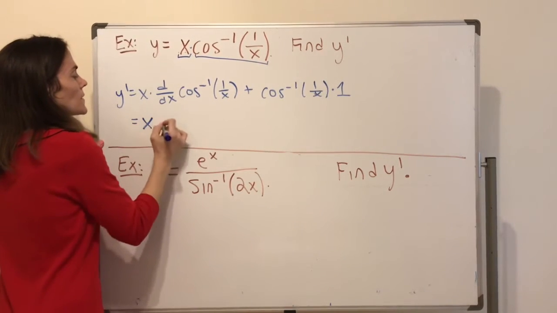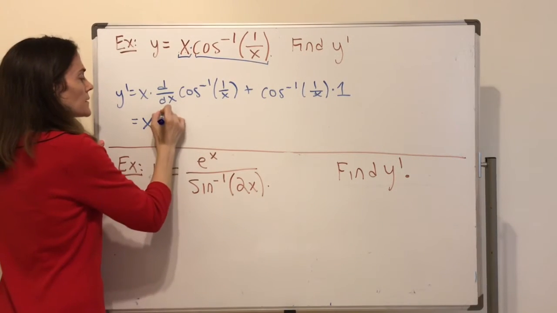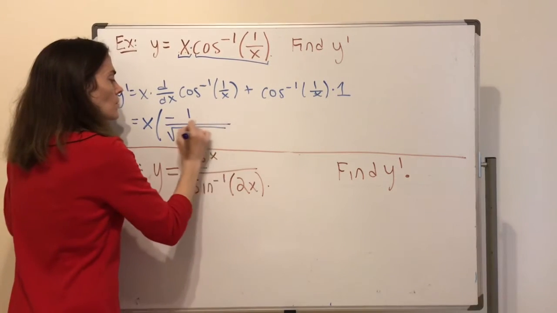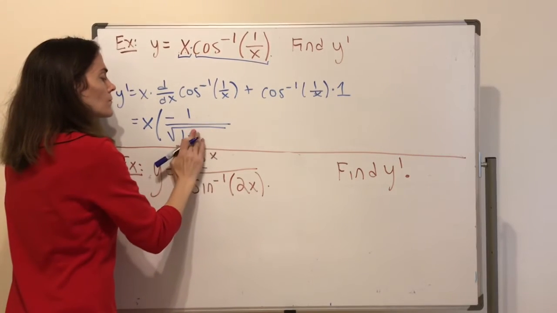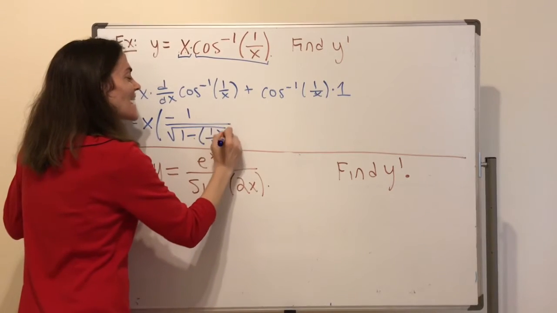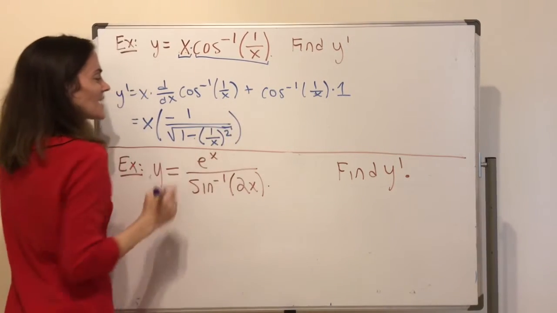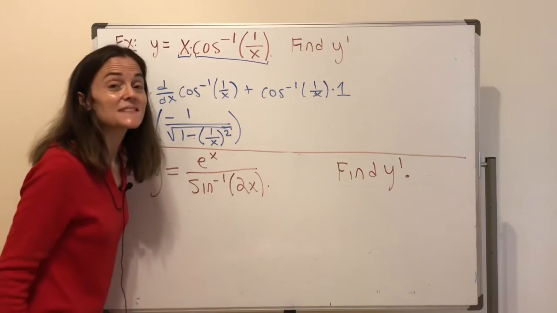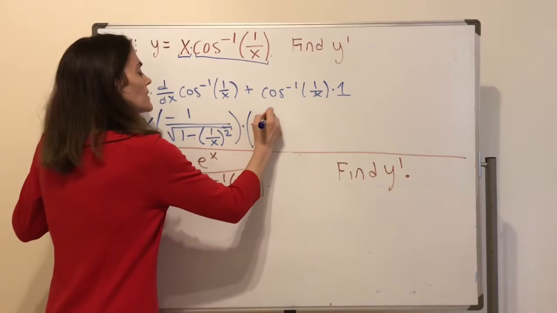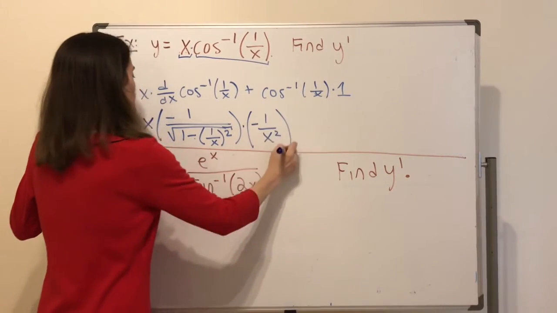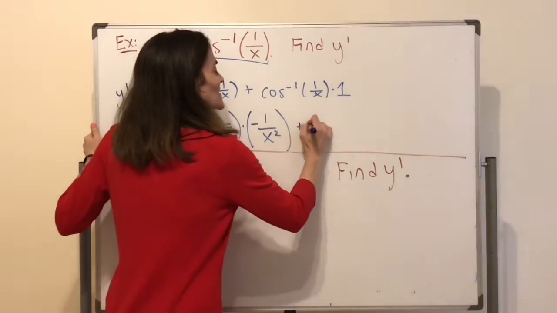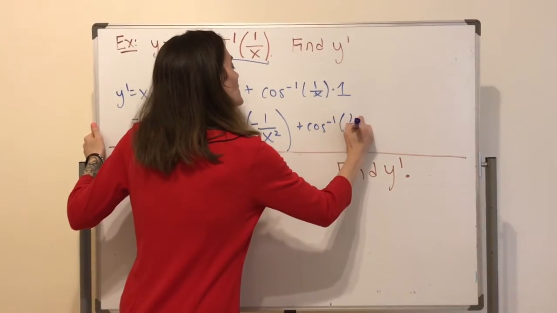So we have derivative of the outside, evaluated at the inside, and then times derivative of the inside function. And then this is just cosine inverse of 1 over x.